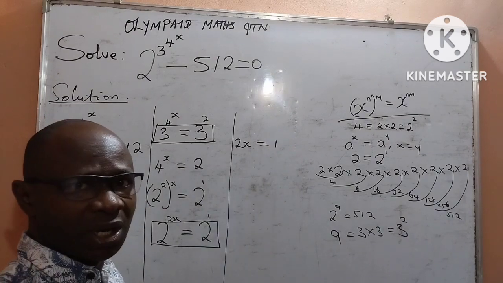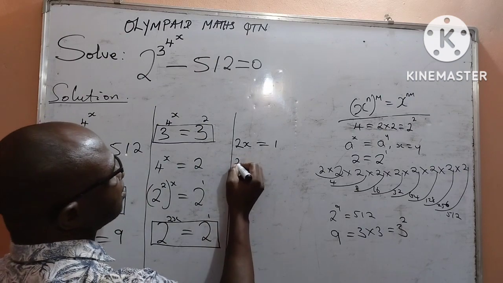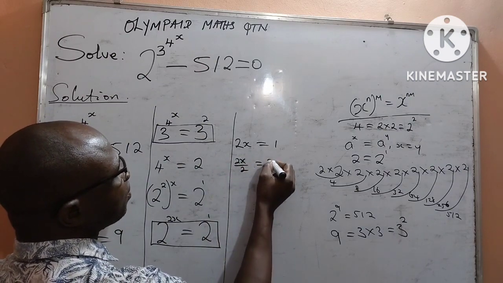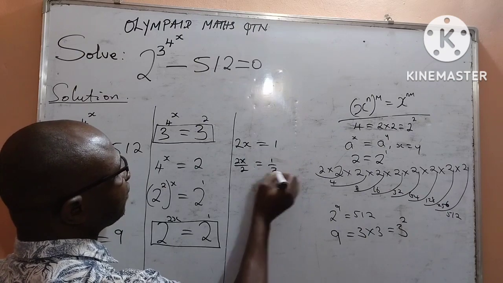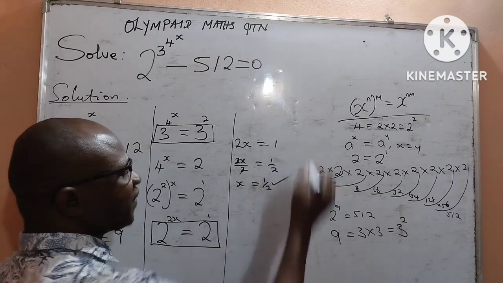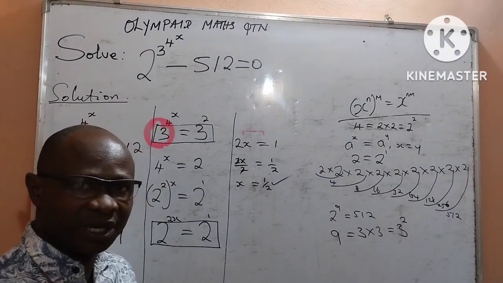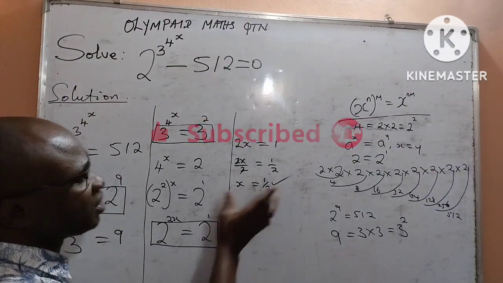We are almost at the answer. So we divide both sides by 2. 2x over 2 is equal to 1 over 2, giving us x equal to 1 over 2. Final answer.